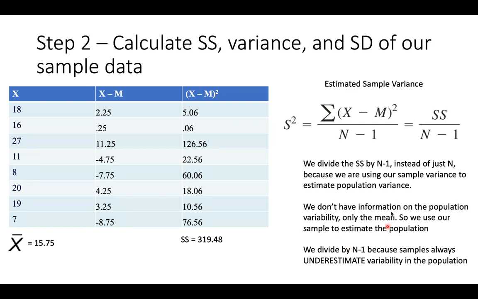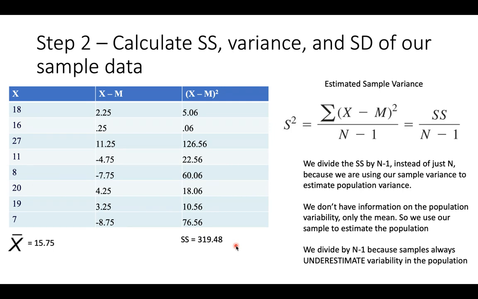Because we're using a sample variance, we will always underestimate the variability in the population if we were to just use sum of squares divided by n. Because I only have 8 participants, we recognize that the variability of my 8 psychology majors is not a perfect representation of the population, right? This is just 8 psychology majors.